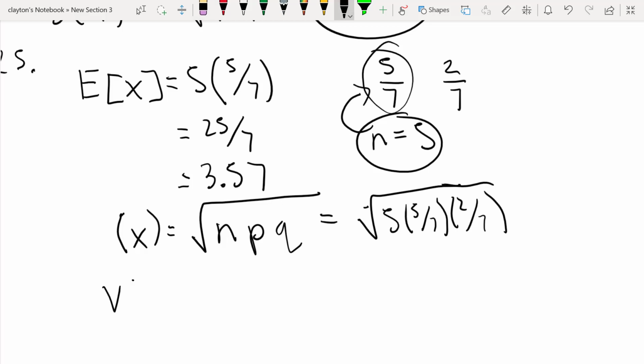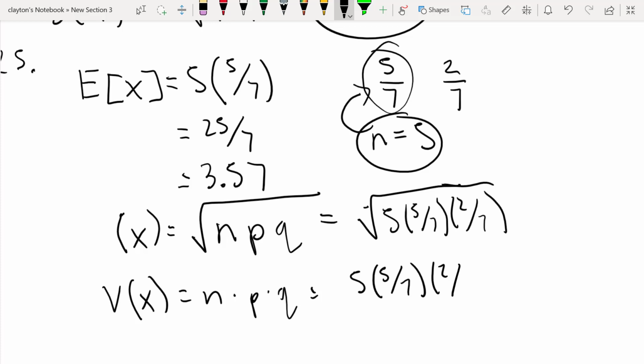The variance, I'll write this below, would just be n times p times q, which in my case, no square root, I got 1.02. And now if I take the square root, I would get 1.01. So I have a different solution than the answer key here. I'm sticking to my answer. It's a fairly straightforward equation unless I'm doing something wrong.